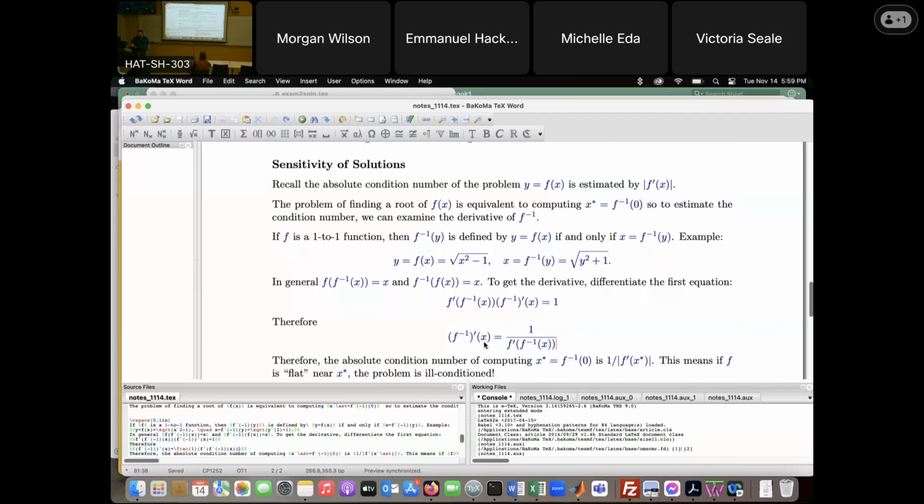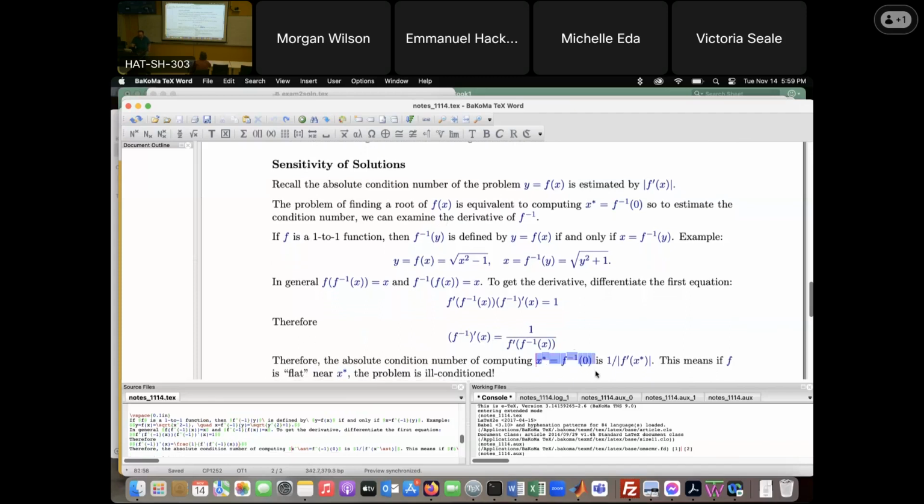So what does this mean for root finding? We're trying to find this root of f, so x star equals f inverse of 0. The condition number of this problem, the absolute condition number, is the derivative of f inverse at 0, but that's going to be 1 over the absolute value of f prime at the root.